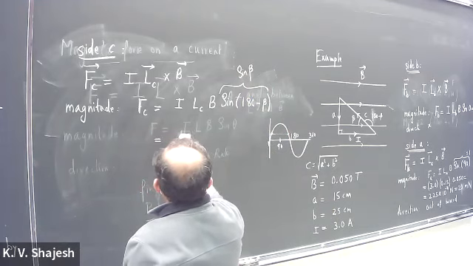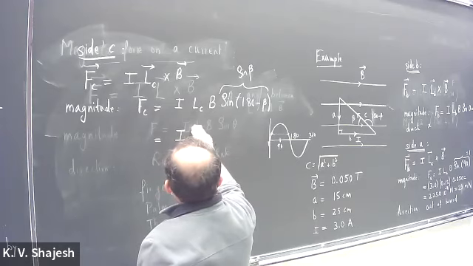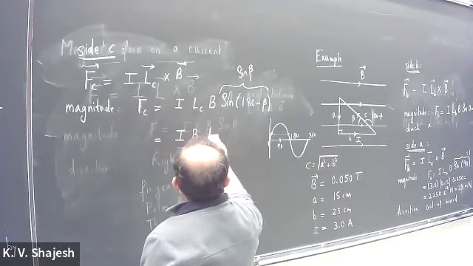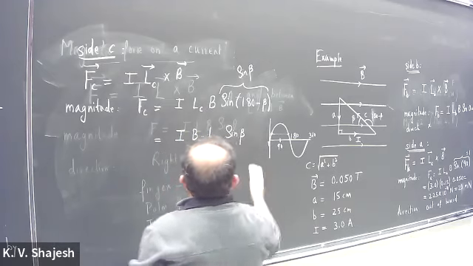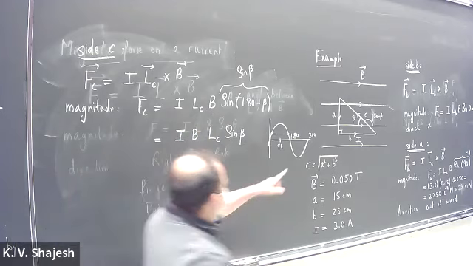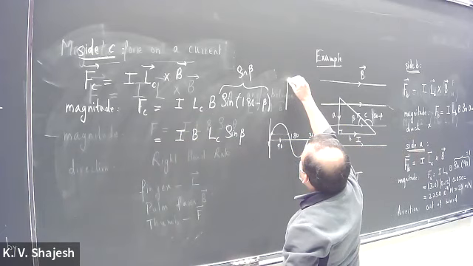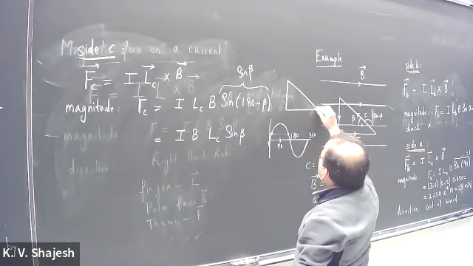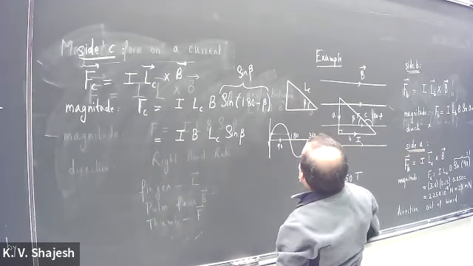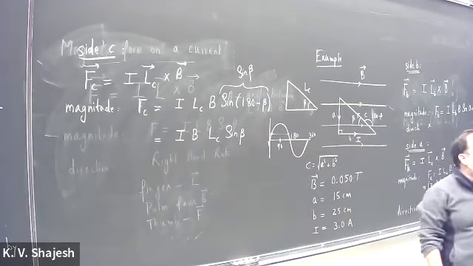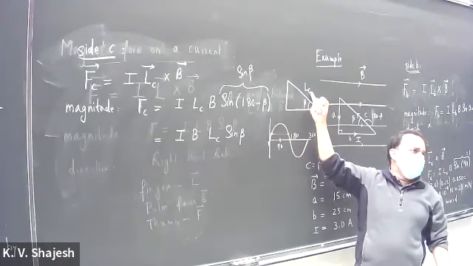So that's equal to I times B, let me write this, I times LC times sine of beta. So you have a right triangle. Let me draw that again here. You have a right triangle which has a length LC, and that's angle beta. If you ask what is the sine of the angle beta, that's nothing but the opposite over the hypotenuse.